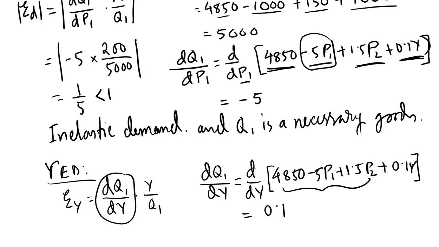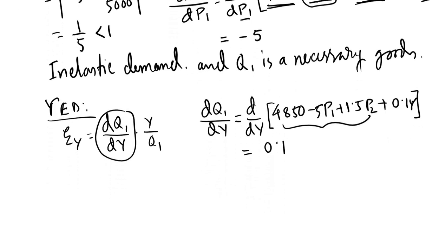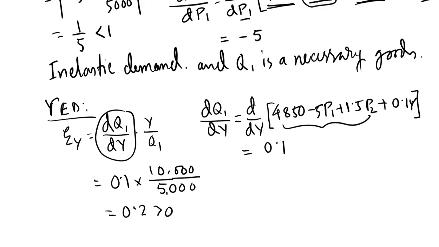Now if I insert the value here, 0.1 times Y is 10,000 and Q1 is 5,000, it should be 0.2, which is positive.